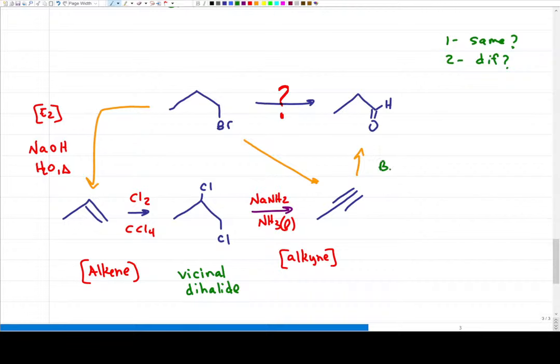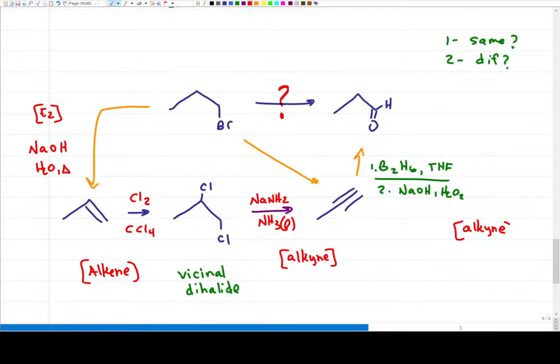If I react this with some version of boron for hydroboration, for example, B2H6, and then THF for the solvent, is step 1. Step 2, I will use NaOH and H2O2. This right here is also in the alkyne chapter.